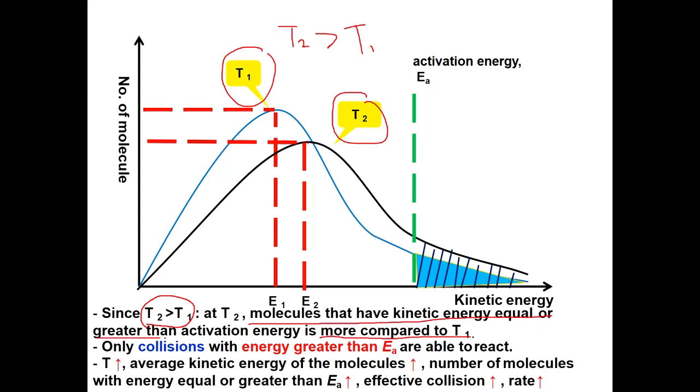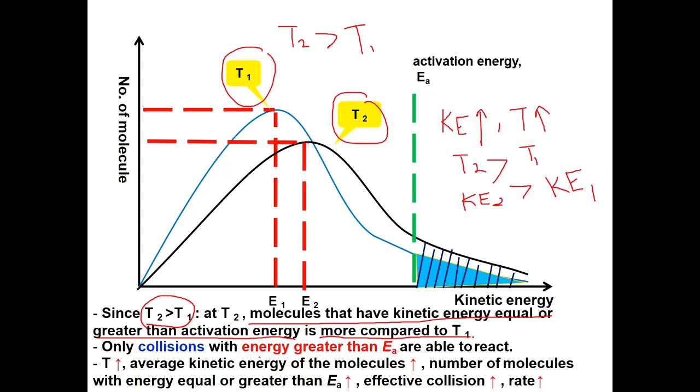We know that when the KE is increased, the T also increases. Now T2 is greater than T1, so that means kinetic energy 2 is higher compared to kinetic energy 1 at temperature 1.